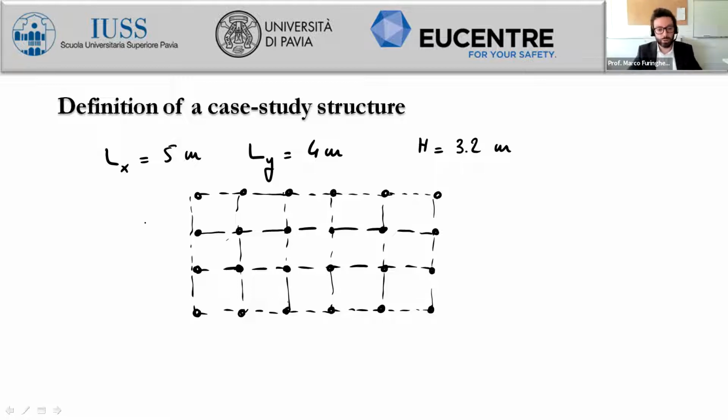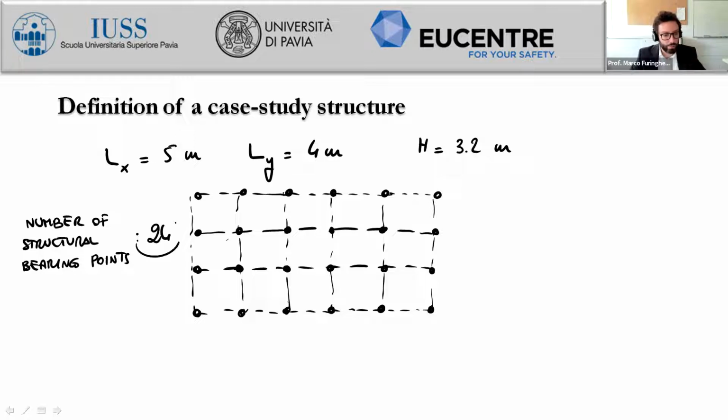So according to this definition of the geometry of our case study structure, we have the number of structural bearing points, which is 24.